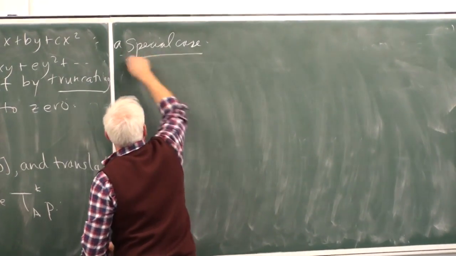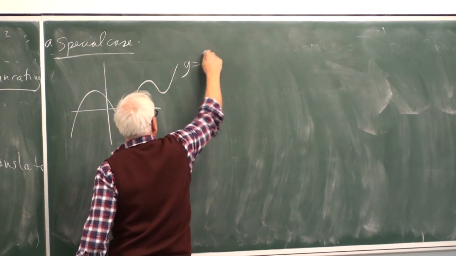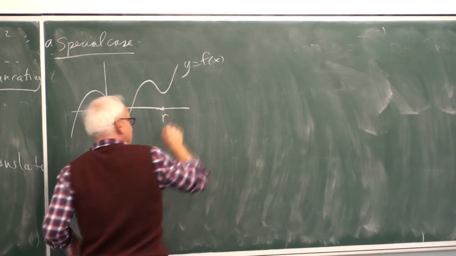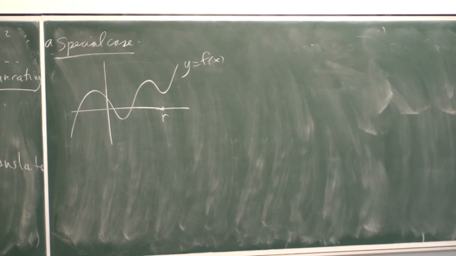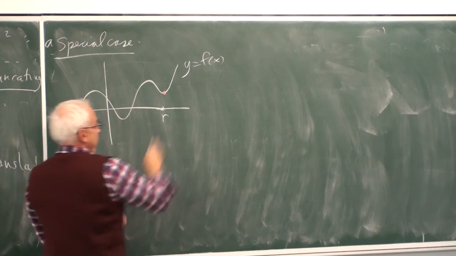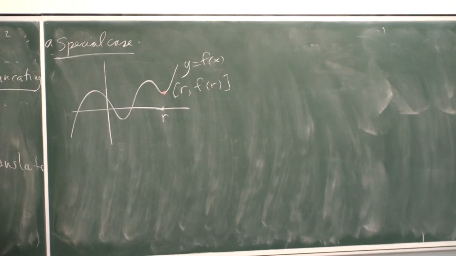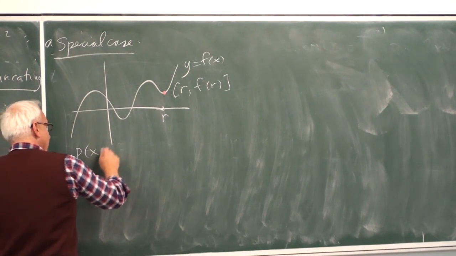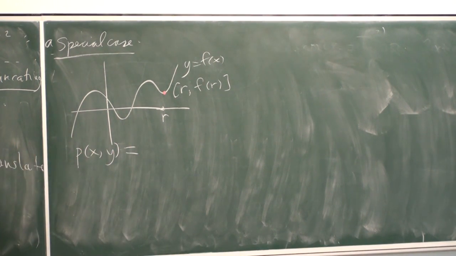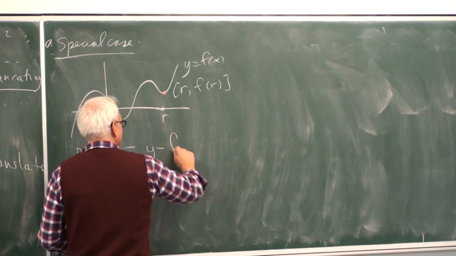So a special case, the case that we considered earlier when we were looking at some curve y equals f of x at some point r. What's happening now is the point actually on the curve is the point r comma f of r. And the polynomial that we're talking about is y minus f of x, or perhaps f of x minus y, depending on what you like.